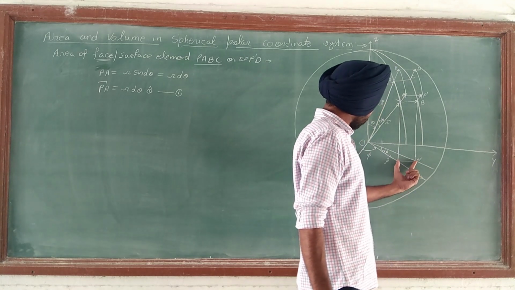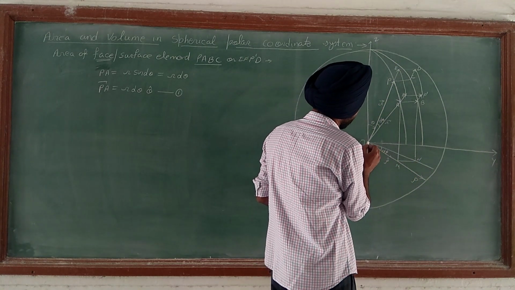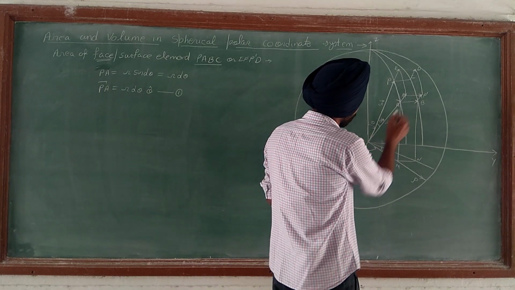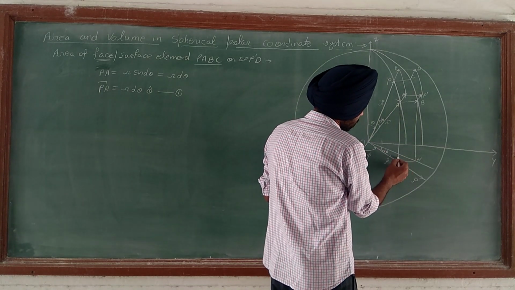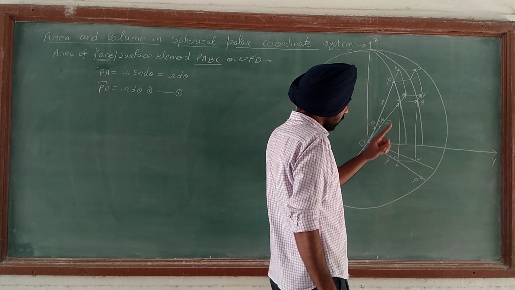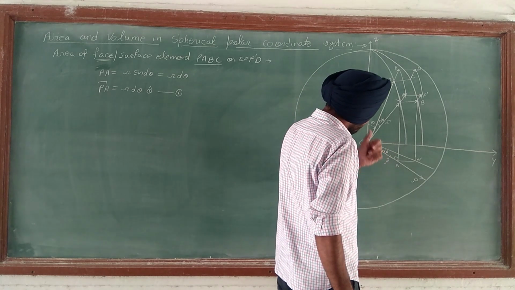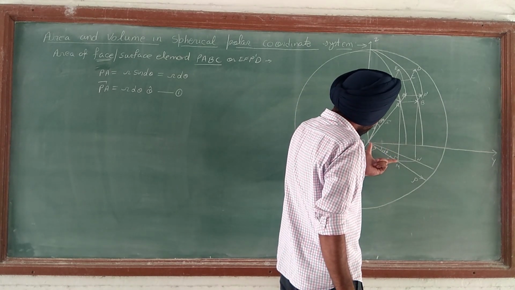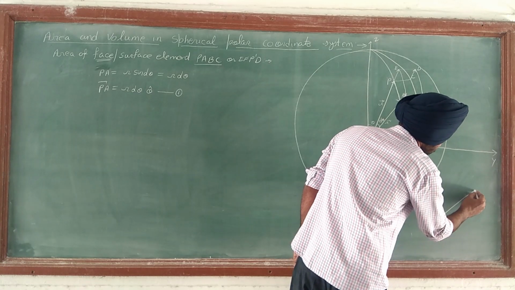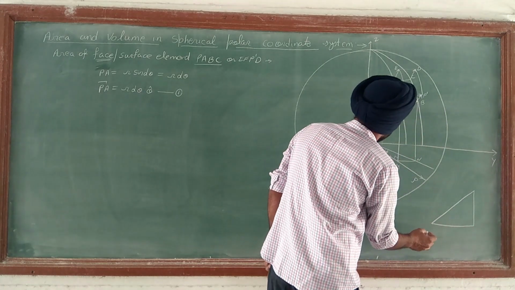So MN can be calculated with the help of this diagram OAM. In this triangle OAM, this is the perpendicular. We know this R. So what is this OM? Let us draw this diagram here.